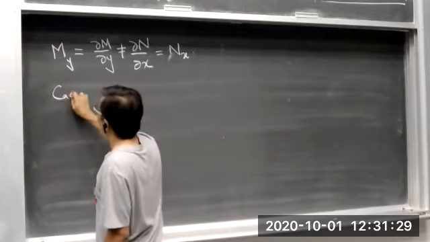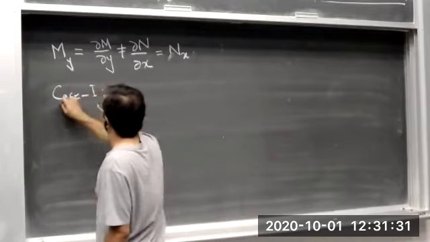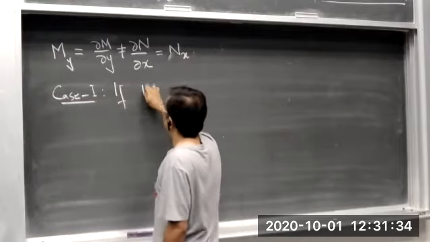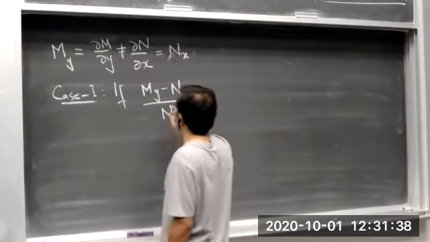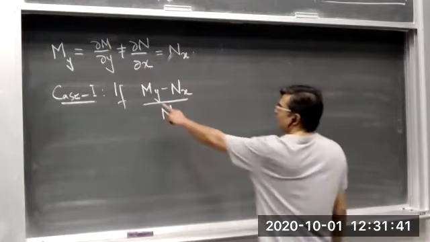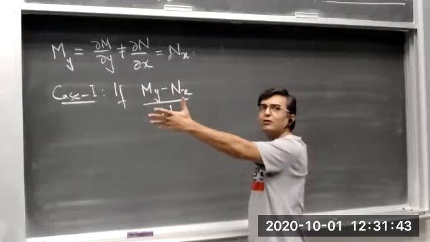Now, case 1. How to find that integrating factor? If (M_y minus N_x) divided by N. M_y is what? Partial M over partial y. We have already calculated it.